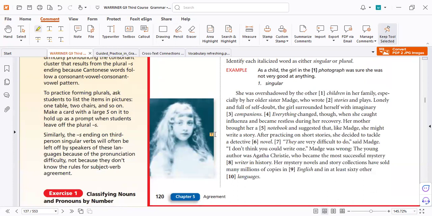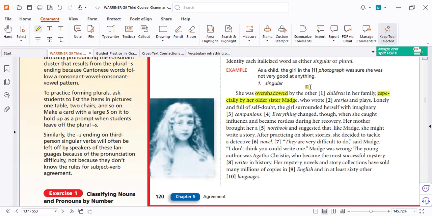Sometimes the writer can help you to know if it's singular or plural. For example, "she was overshadowed." Look, overshadowed means she felt that she was not important. So the other people made her not important. So she was overshadowed by the other children in her family, especially by her older sister.